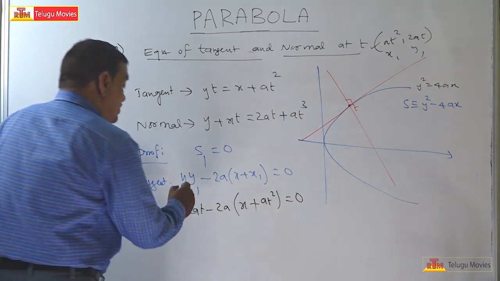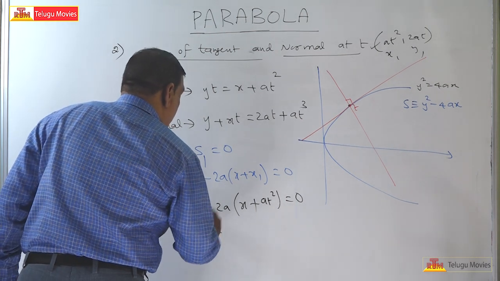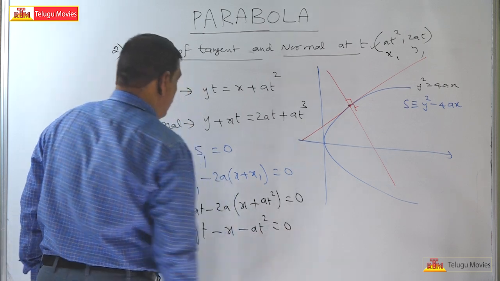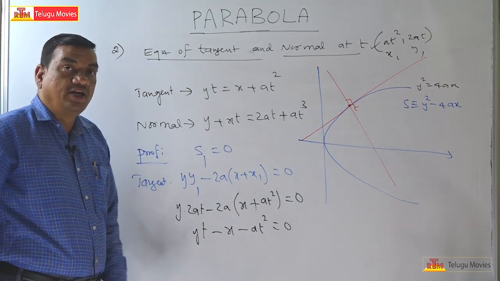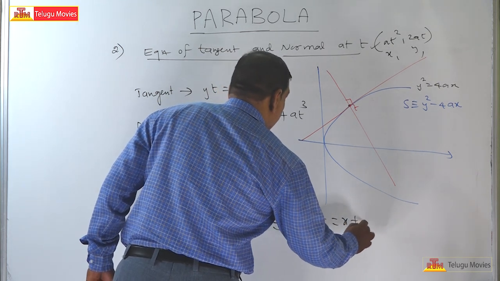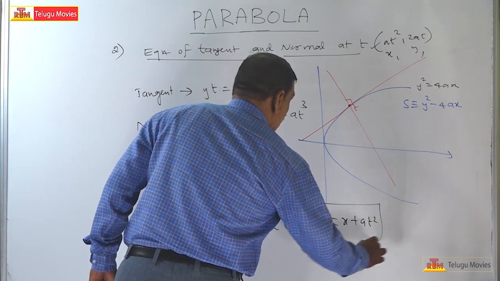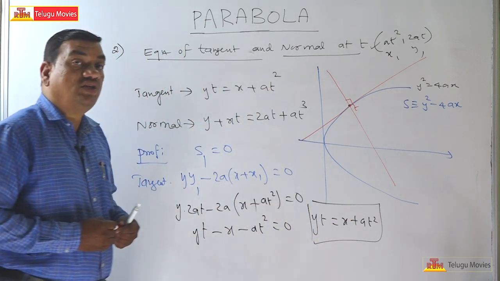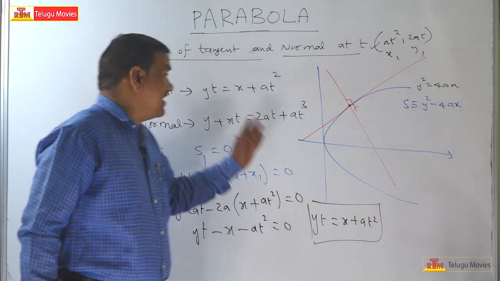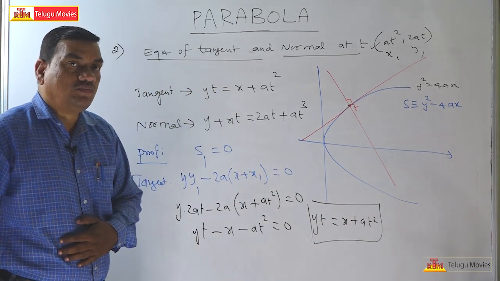So this is yt minus x minus at square is equal to 0. Take the negative terms to the right hand side. So yt is equal to x plus at square. This is the equation of the tangent at t.